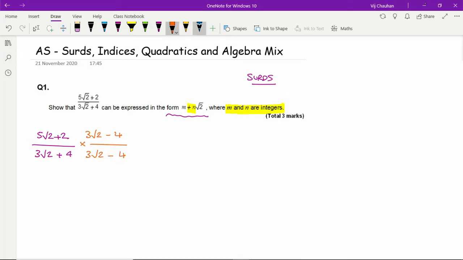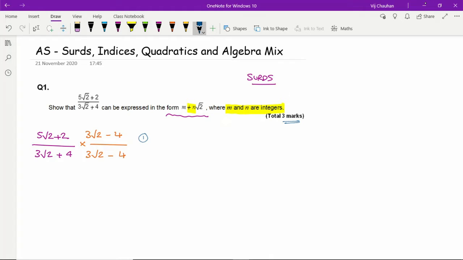This in itself will probably get you 1 mark, because it's worth 3 marks, so 1 mark just by multiplying the fraction by the denominator, reversing any signs. Obviously if I wrote plus there, I'm going to lose marks. If I decided to be a little bit cheeky and plug this into my calculator, because my calculator can work with surds, again I'm not going to get any marks for it, because they're expecting me to show how I get from one form to another.